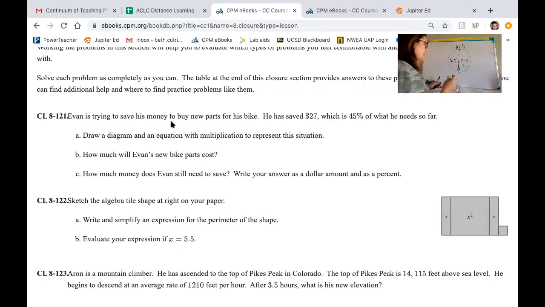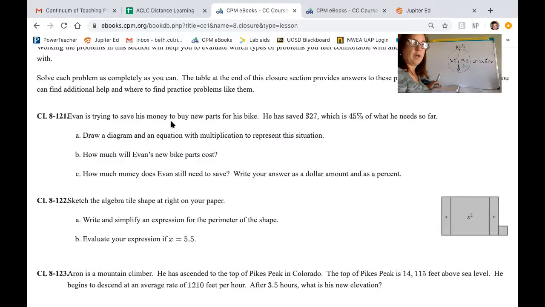So we're going to say 45% times x. And hopefully we remember that 45% is 0.45 as a decimal, times the bike parts equals $27. So that's the equation for A.